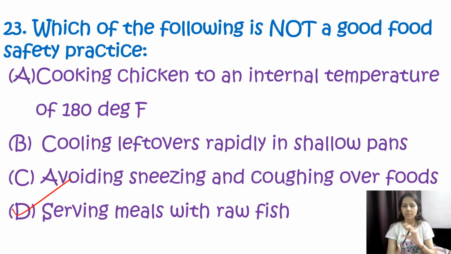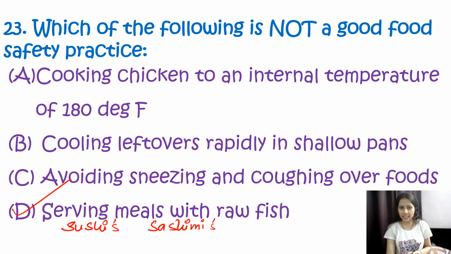While some dishes actually involve serving raw fish, such as sushi or sashimi, it is essential to ensure that the fish served is of high quality as well as safe for raw consumption.